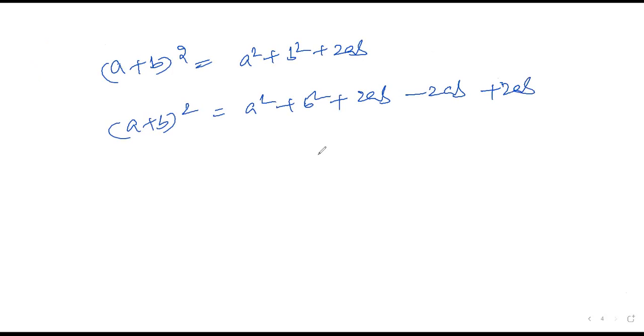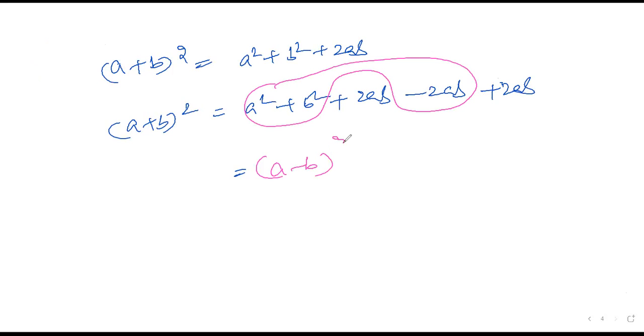Do you have any problem? No, sir. I can write a minus b whole square, minus 2ab. What can I write? a plus b whole square, a minus b whole square, minus 2ab plus 2ab plus 2ab. Am I clear, right? Yes, sir.